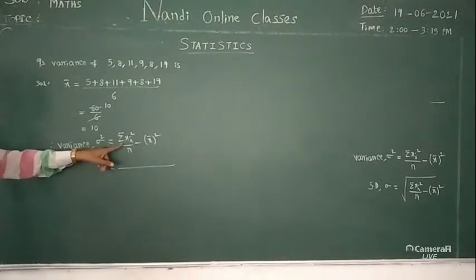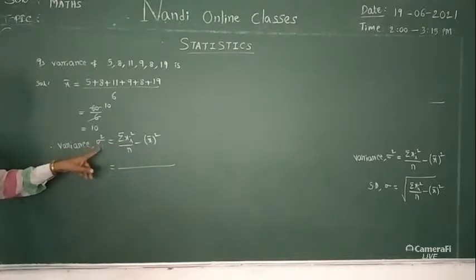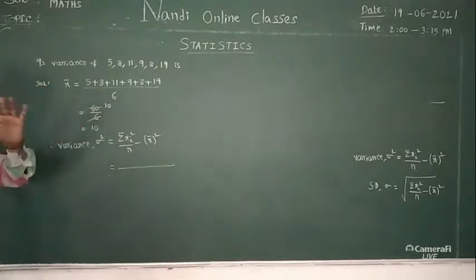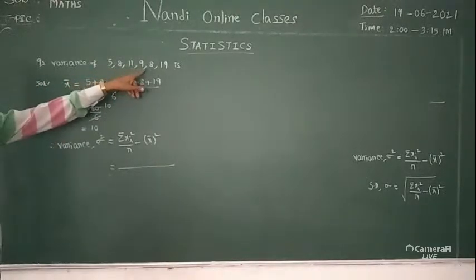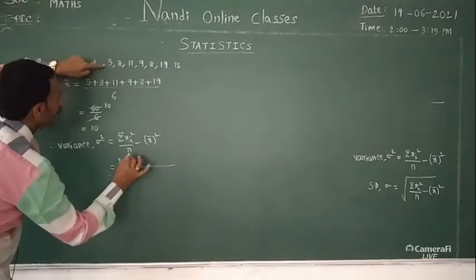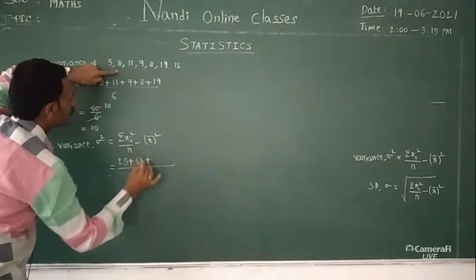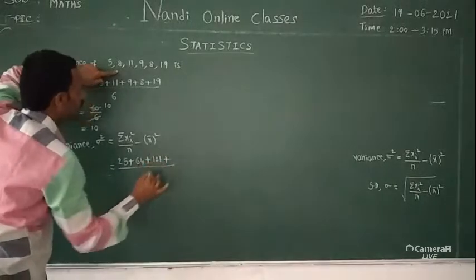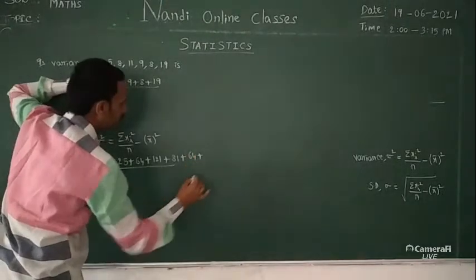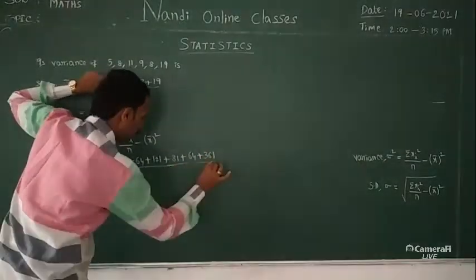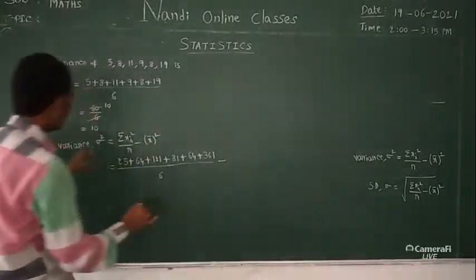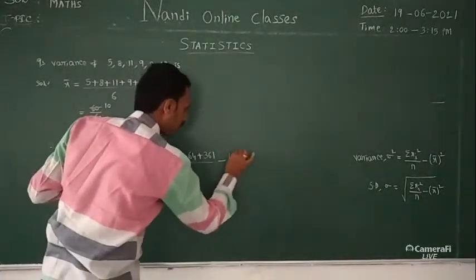Xi square means observation square: x1, x2, x3, x4, x5, x6 squared. 5 square is 25. 8 square is 64. 11 square is 121. 9 square is 81. 8 square is 64. 19 square is 361. Whole divided by the number of observations, 6, minus x bar, which we already found, 10 square.